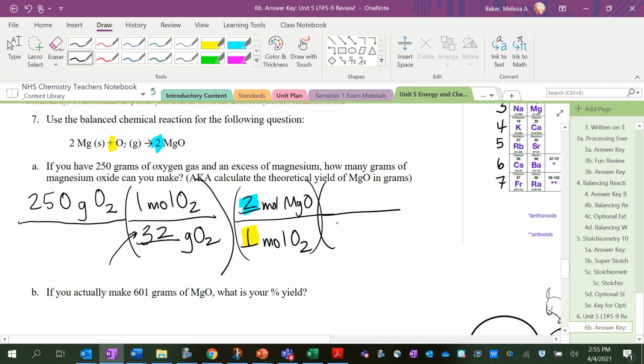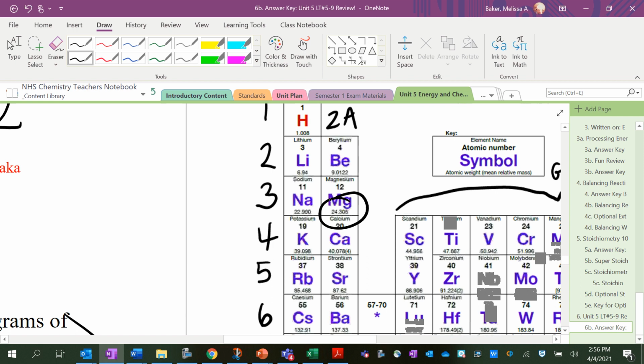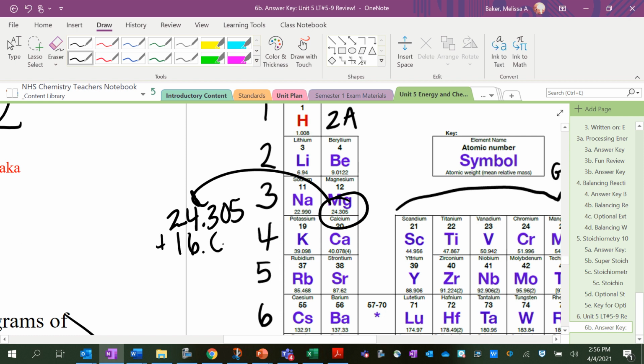And our last step is to convert our moles of magnesium oxide into grams of magnesium oxide. So we go to the periodic table and we say, okay, how much is it for Mg? 24.305. Oops, I don't know why I wrote a 4. Plus oxygen is 16.